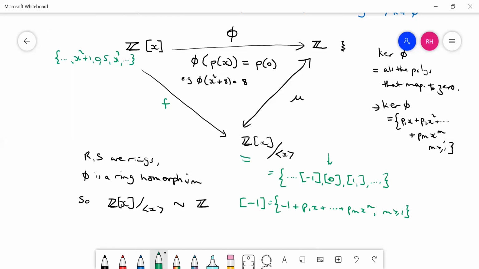And up here, we've got Z. And Z is just equal to -1, 0, 1, 2, and so on. They're the integers. And I hope you can see that there's a very natural isomorphism between this and this. They're basically the same. They certainly satisfy all the conditions for it to be a ring isomorphism, which you can show, and if you have problems, let me know.